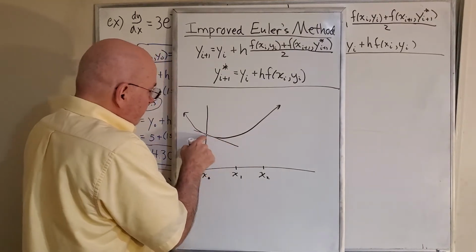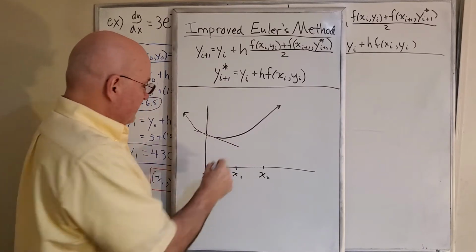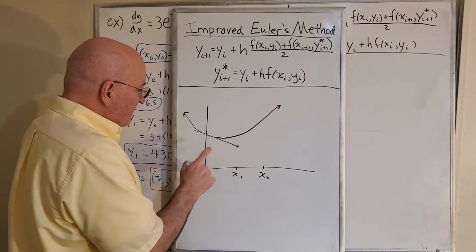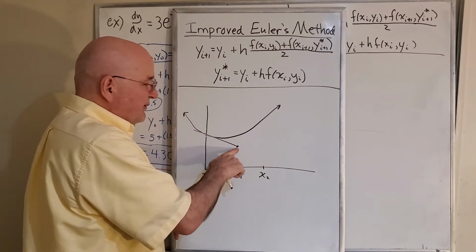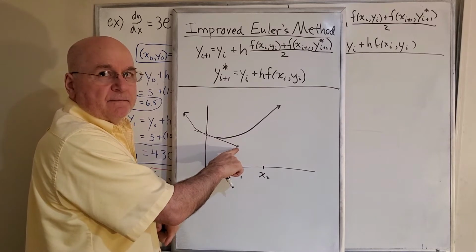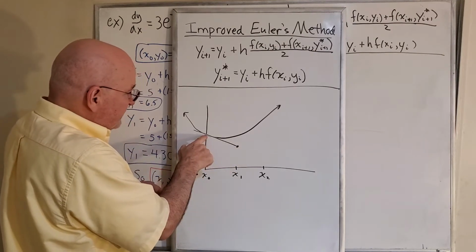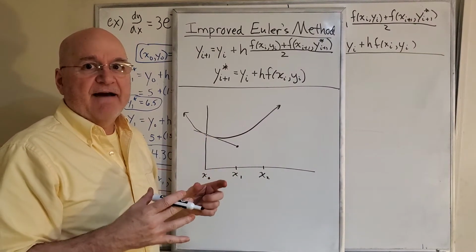Before, with Euler's method, we just said x1, y1 is this point right here, and we're done. What this is doing is looking ahead right here and getting the slope at this point. It's taking that slope and this slope, adding them together and dividing by 2, averaging them.